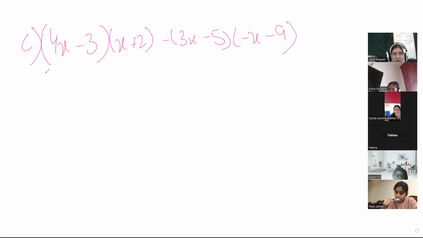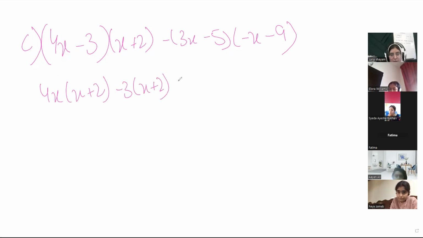So first of all, we need to open the first bracket and multiply it with the other bracket. So we have 4x, x plus 2, and then minus 3. That's going to be multiplied with the other bracket as well, x plus 2. Now minus 3x, as this is negative, this is positive, it's going to become negative. And I'll multiply it with this bracket, that's going to be minus x minus 9.